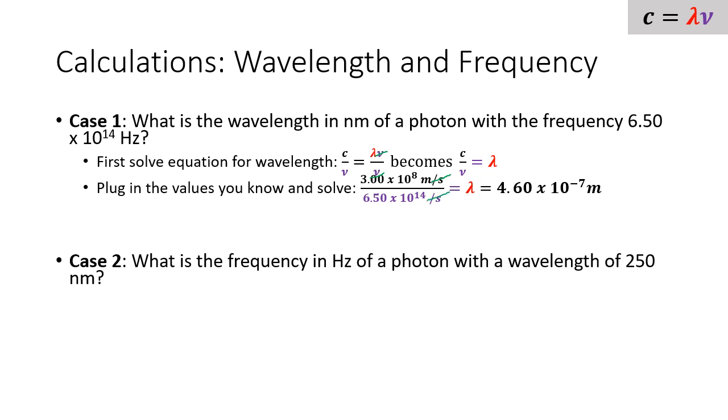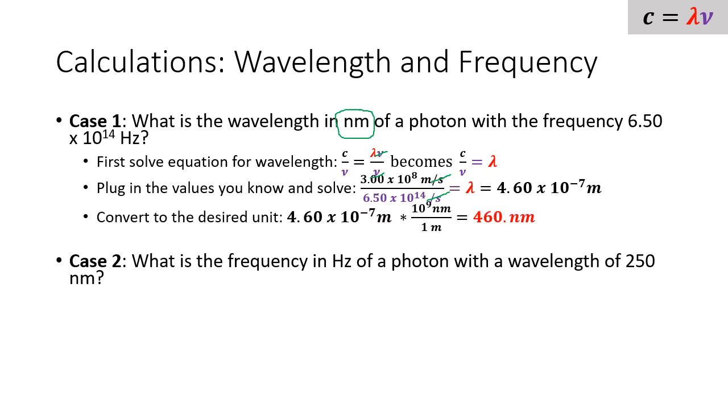Bye-bye. And so we end up with meters. But the question specifically asks for nanometers, so we have to do a little unit conversion here at the very end. And we use our 10 to the 9th nanometers in 1 meter, and we find a wavelength of 460 nanometers for this particular frequency of light.